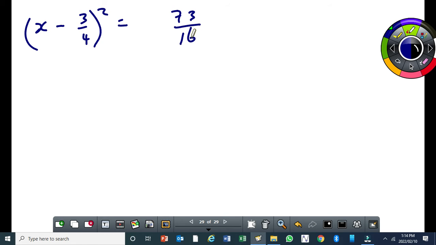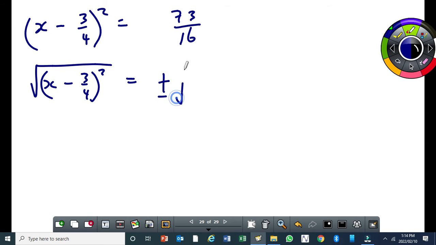Okay? And then from here now, you take the square root of both sides. So it becomes the square root of x minus 3 over 4 all squared is equal to plus or minus the square root of 73 over 16.